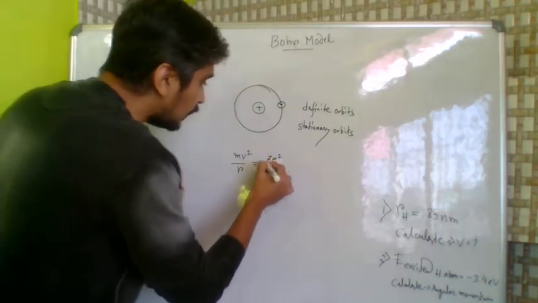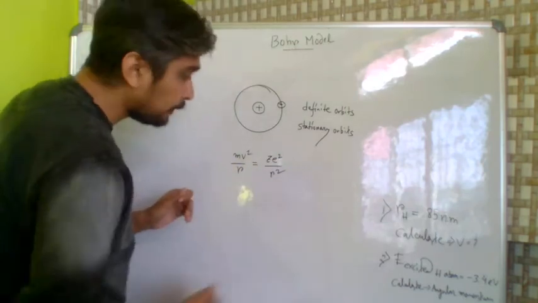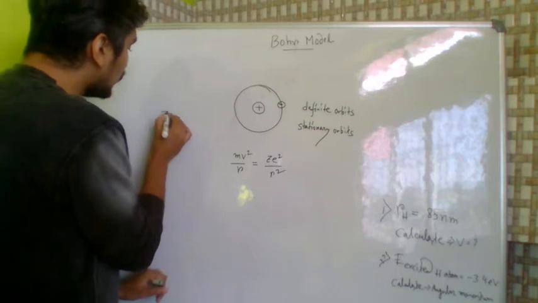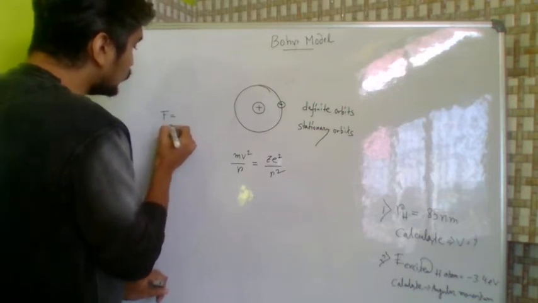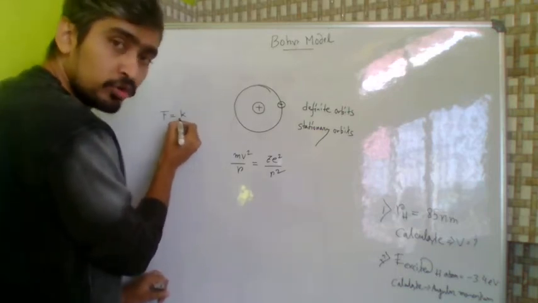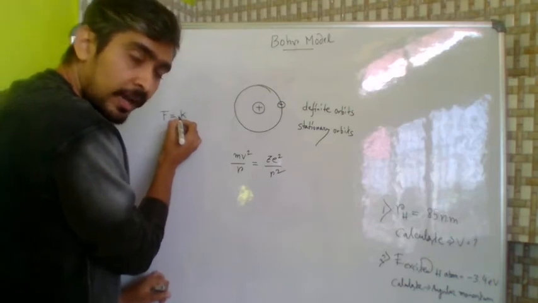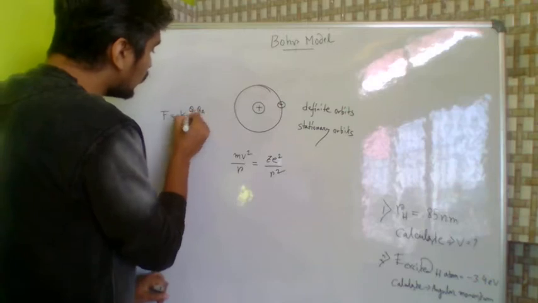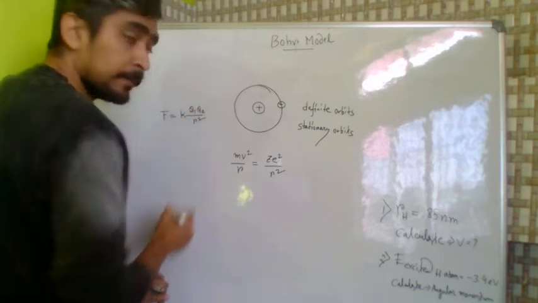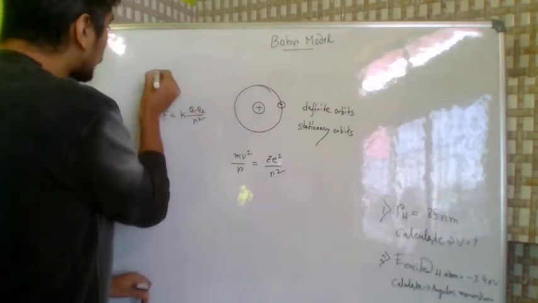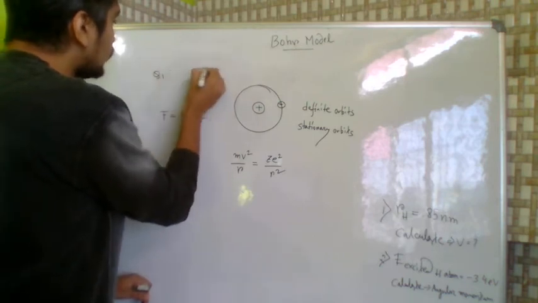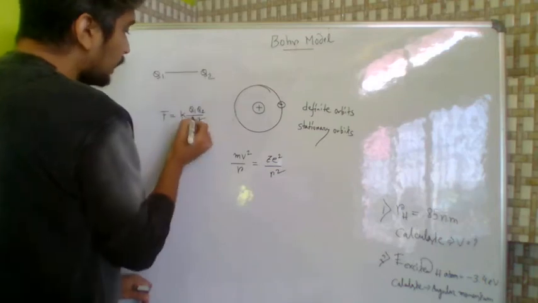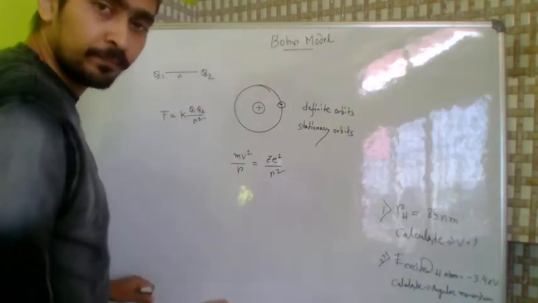Now why is this Ze square by r square? Because according to Coulomb's law, the force is equal to K, the proportionality constant in SI, times Q1 Q2 divided by r square, where Q1 is one charge and Q2 is another charge, apart by a distance r.